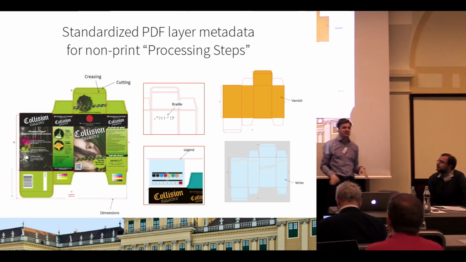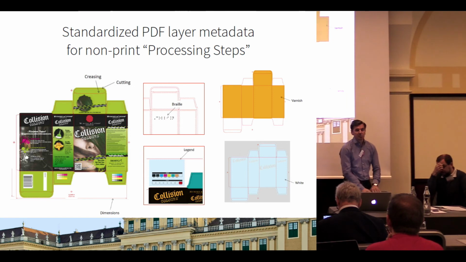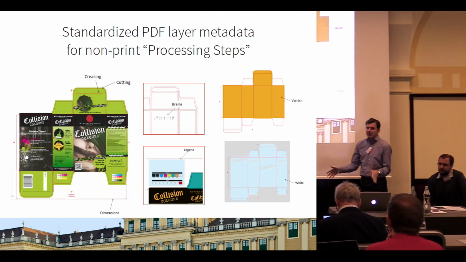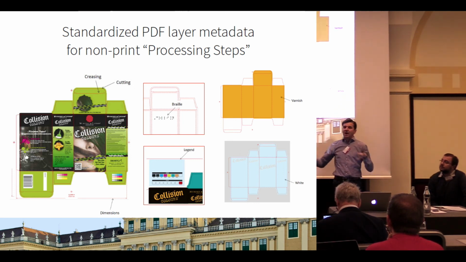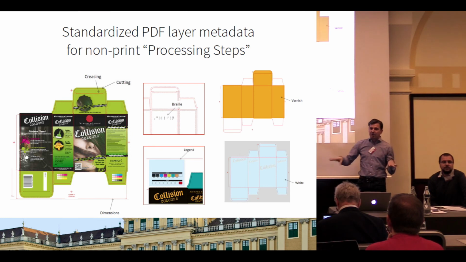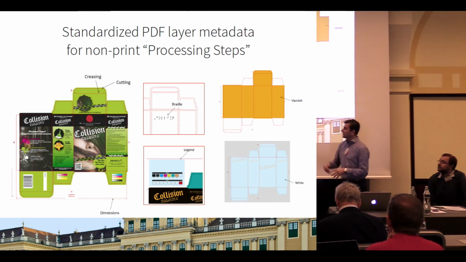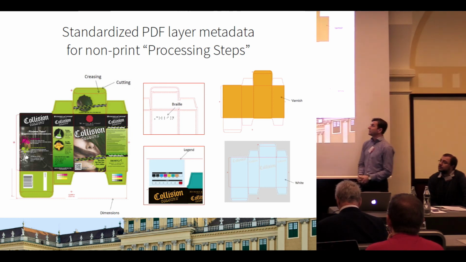So there is several information available in my PDF file that is not related to the print process. And so processing steps actually means any steps that are related to processing the file, but not to the actual print process. So anything else beyond printing.